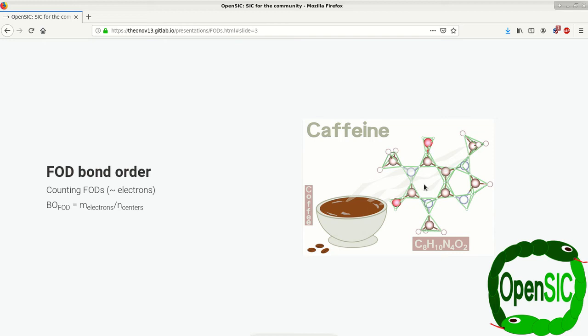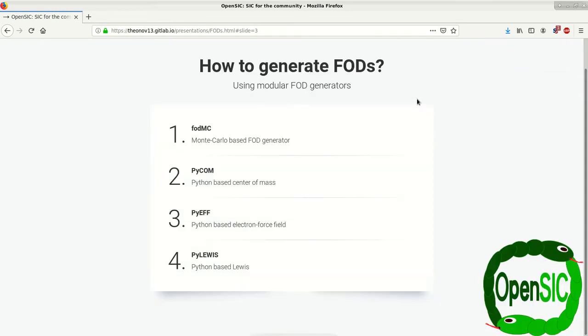in a given molecule. Also, as mentioned before, the FODs always tend to arrange in tetrahedra around atoms. Given that for every FLO-SIC calculation we have to optimize the FOD positions, we need to initialize them first.